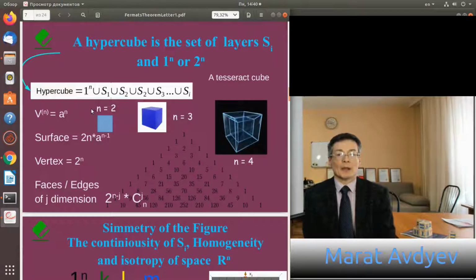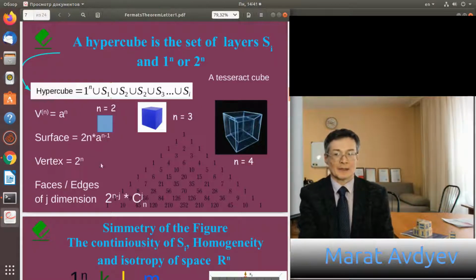Now, one can see the main properties of the hypercube. Volume is A power n, surface is 2n multiplied by A power n minus 1, for square, for cube, for tesseract, and so on. The number of vertices equals 2 power n.